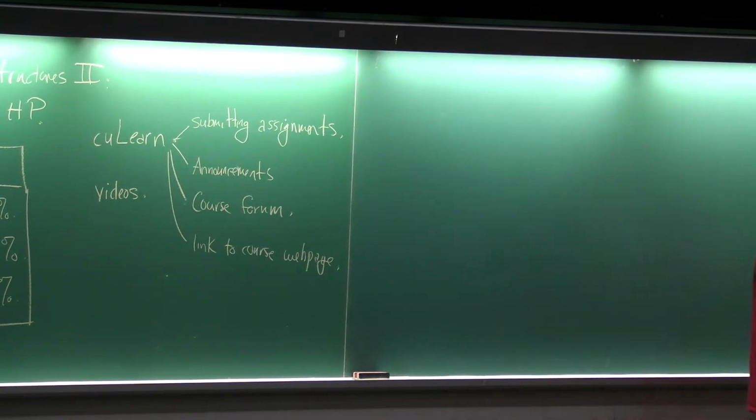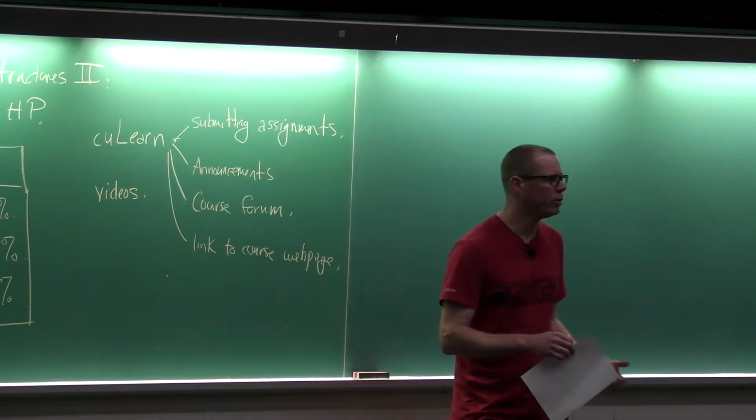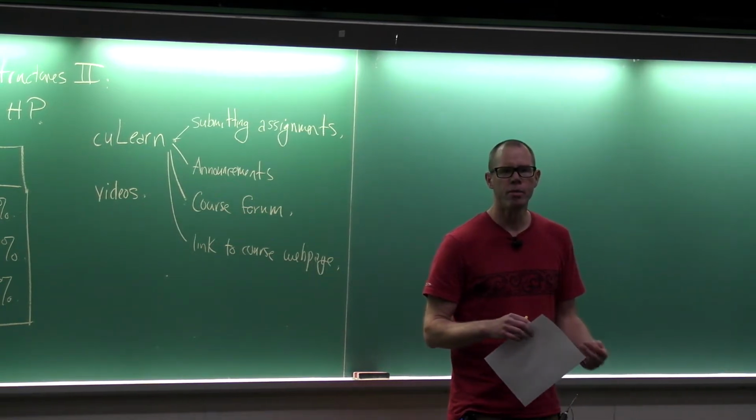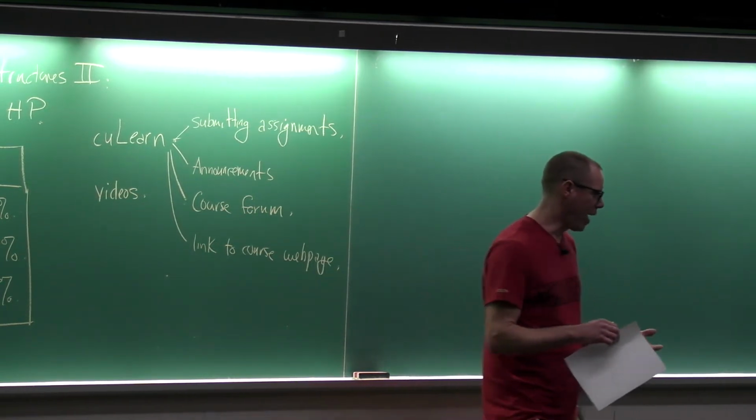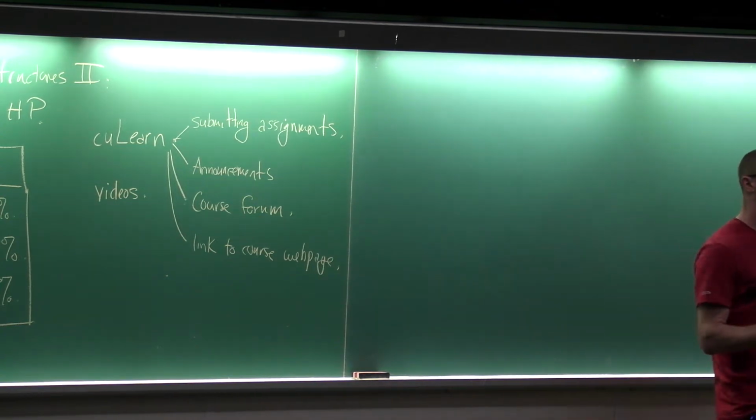So this is a big class, but I would still like to keep it interactive, and so I will pause often and encourage people to ask questions. And sometimes I will ask you a question and wait awkwardly for up to 30 seconds for someone to answer, because I'm certain that in a class this size, someone can answer.